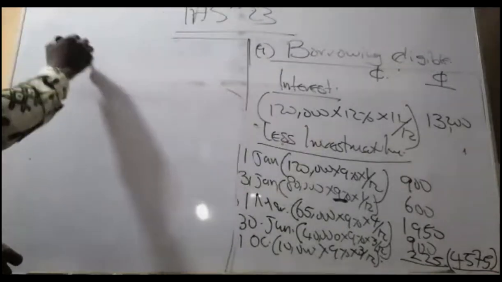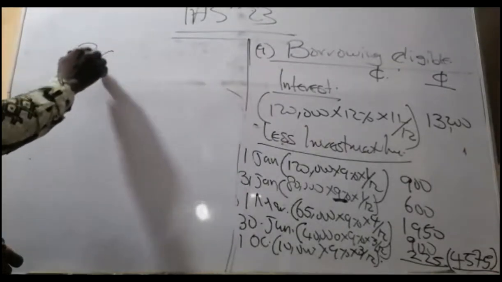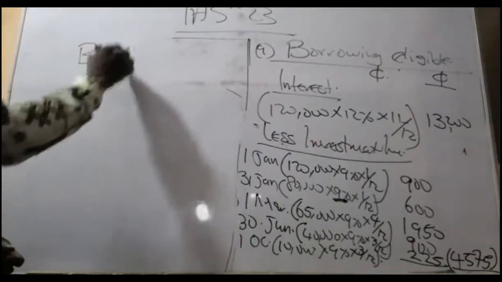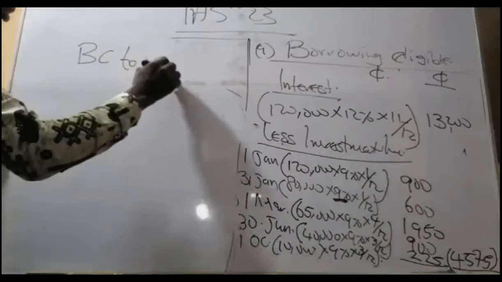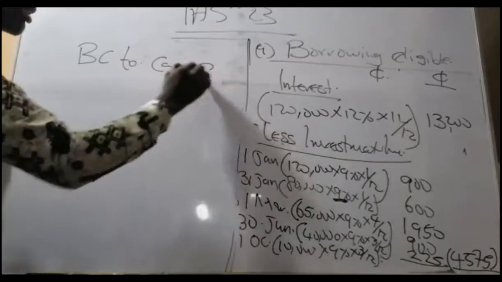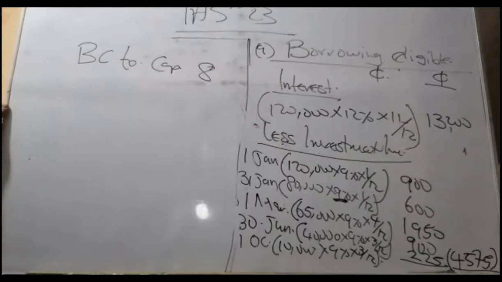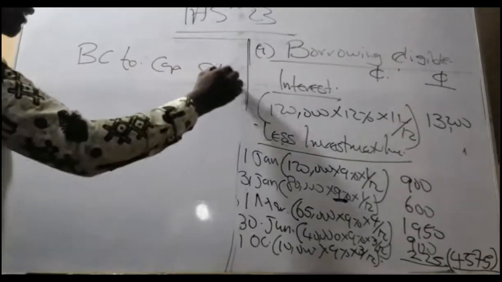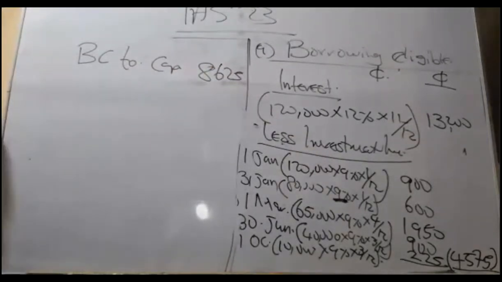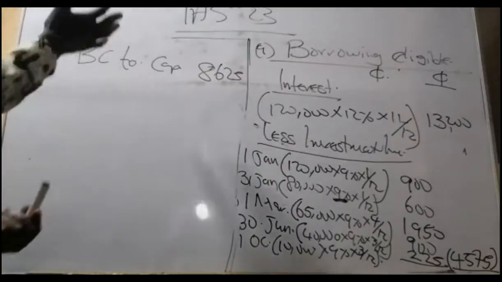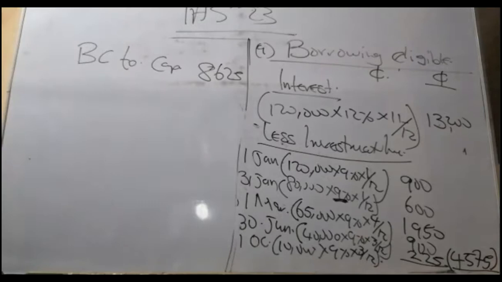So let's see. The borrowing costs eligible to be capitalized, it says 8,625, agreed. Now, if you want to get the total cost of the asset, what do you do? Add the loan amount to it.